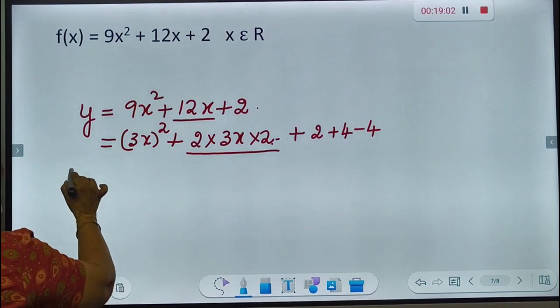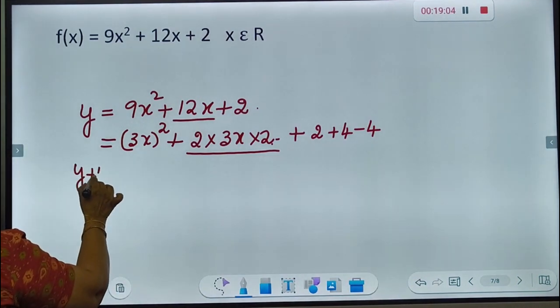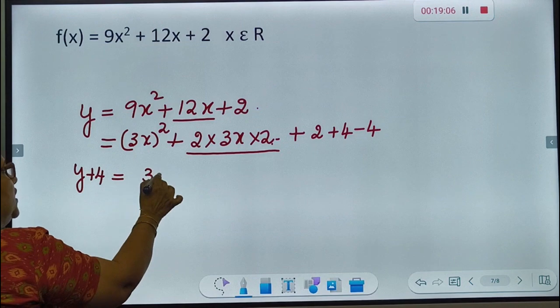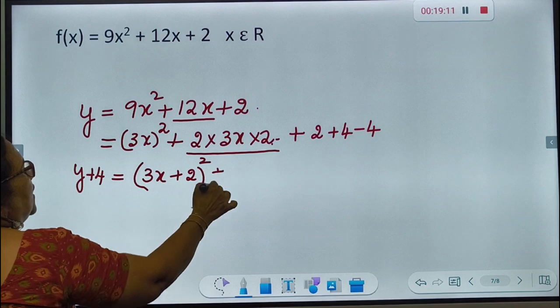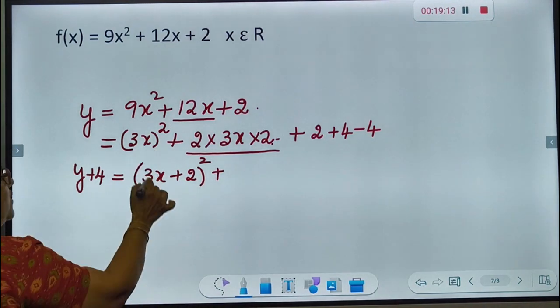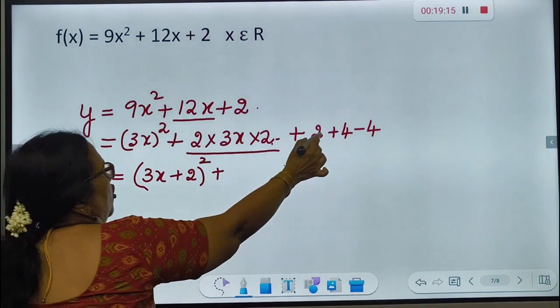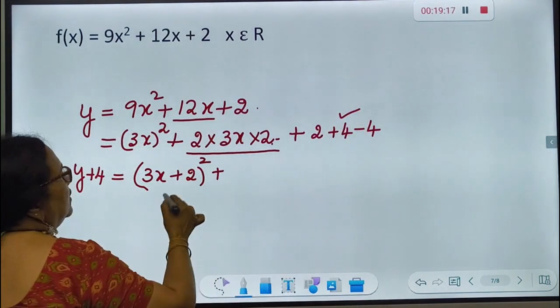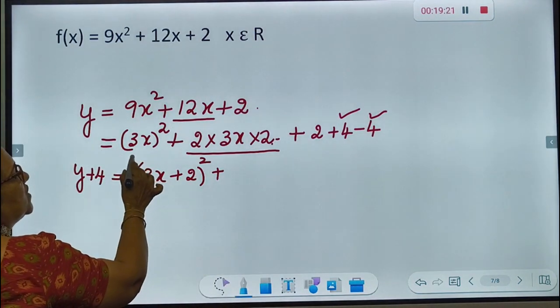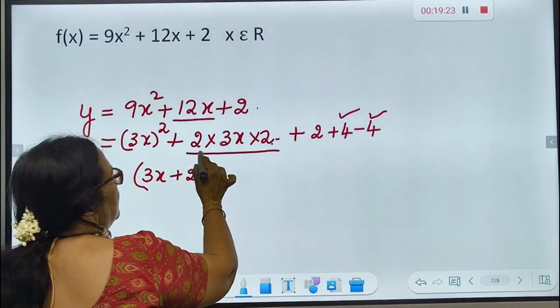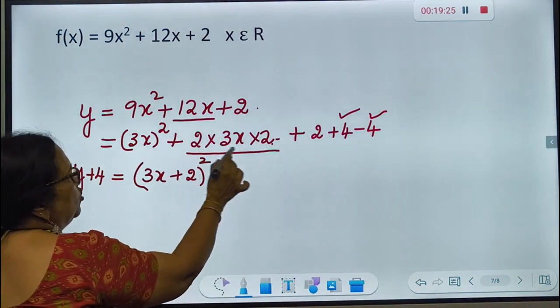Okay, so that is y plus 4 is equal to 3x plus 2 the whole square plus, what will you get? 3x square is 9x square plus 4 I have written here, this minus 4 I have included. So this is 3x plus 2 the whole square. This is the form a square plus 2ab.